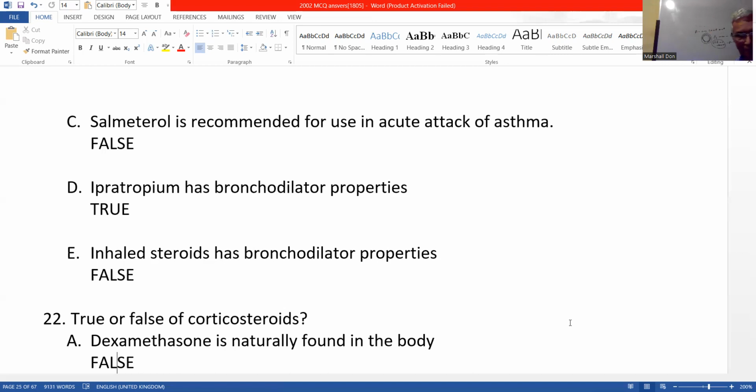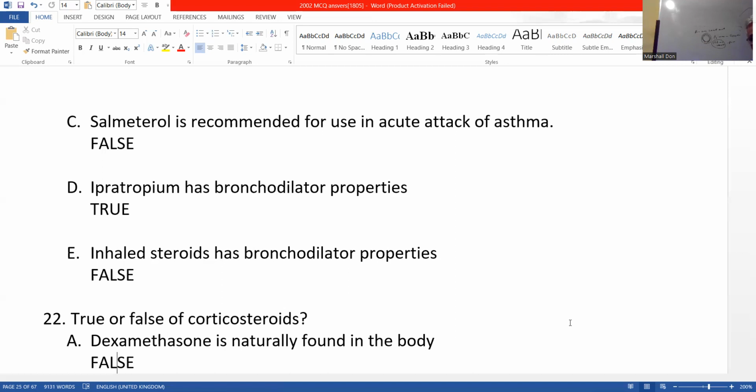So ipratropium is an anticholinergic drug. That is, the ipratropium blocks the muscarinic receptors. So cholinergic receptors, where acetylcholine is the neurotransmitter, those receptors are blocked by ipratropium bromide. Then it becomes larger. So that is true.